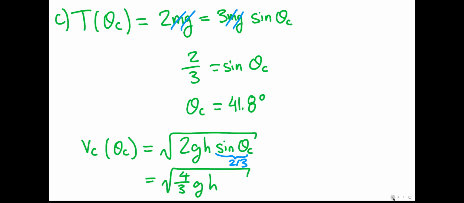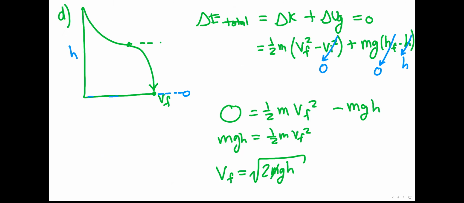Okay, because we can't do it, we're going to go back. We have that VC equals square root of 4/3 GH from here.